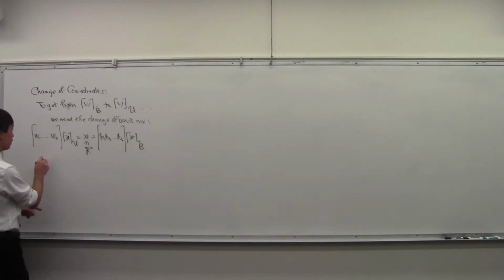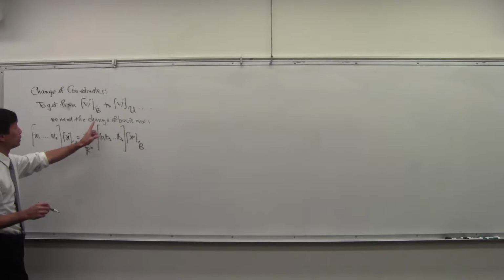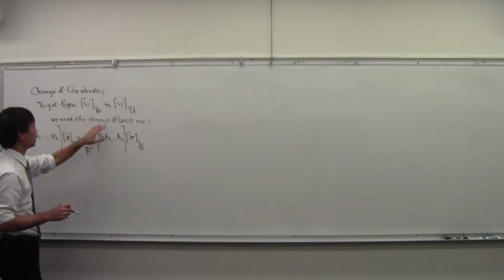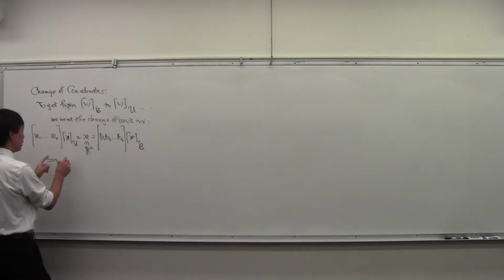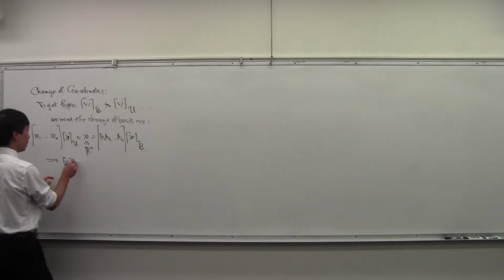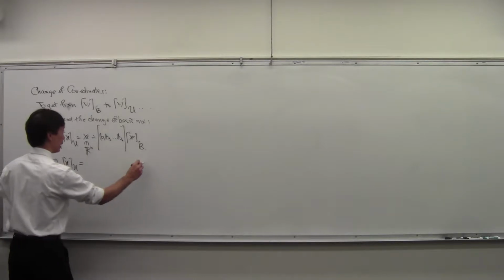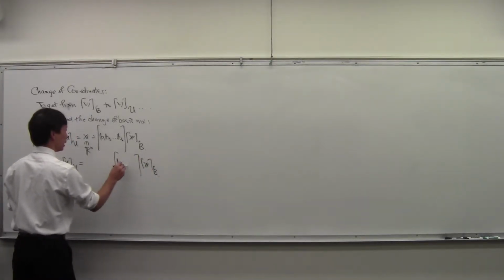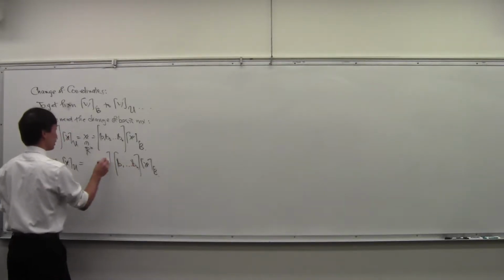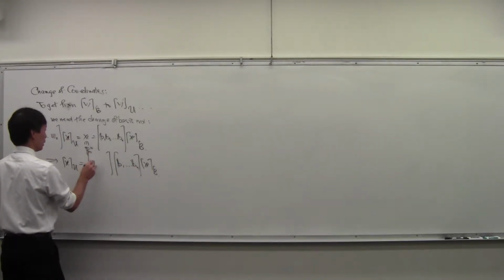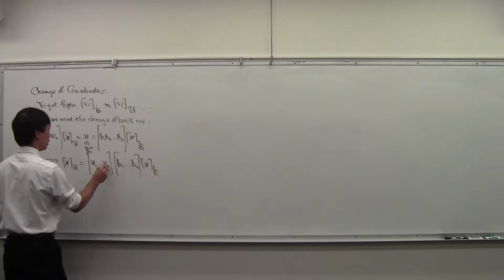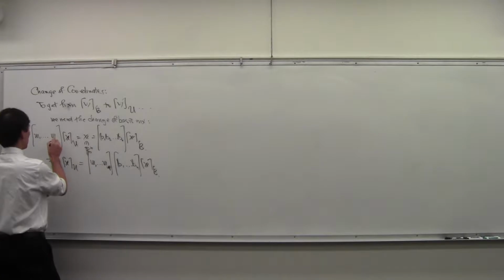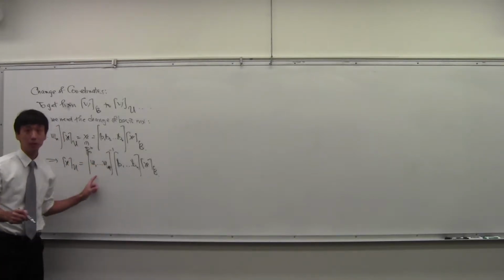So what's the change of basis matrix to get from the B coordinates to the U coordinates? We multiply by the B basis matrix times the inverse of the U basis matrix.